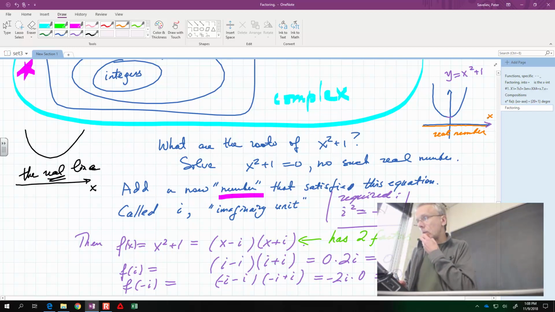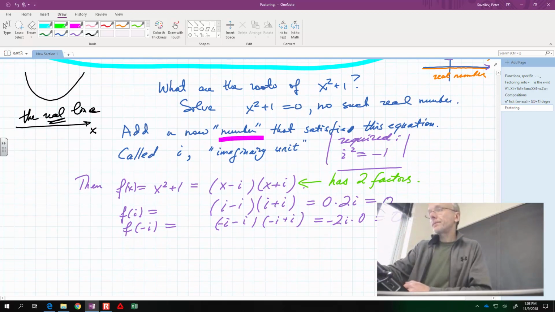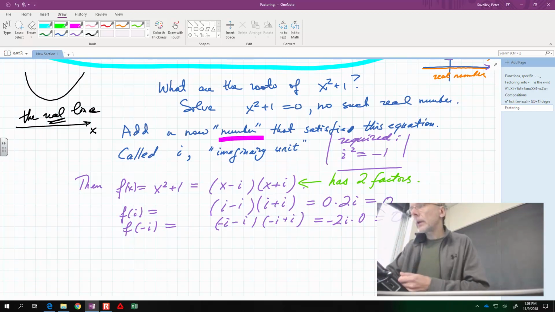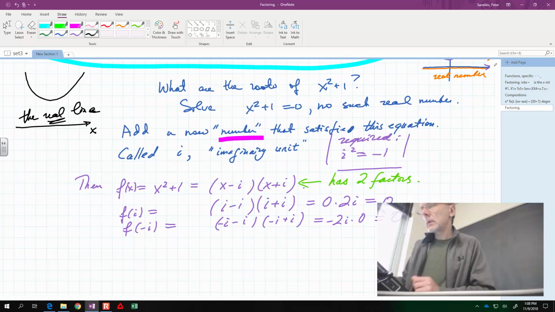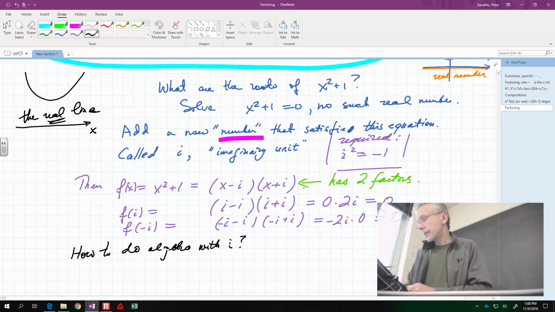Now what we're going to do with them is algebra to begin with. So how to do algebra with i? The answer is the same exact way.